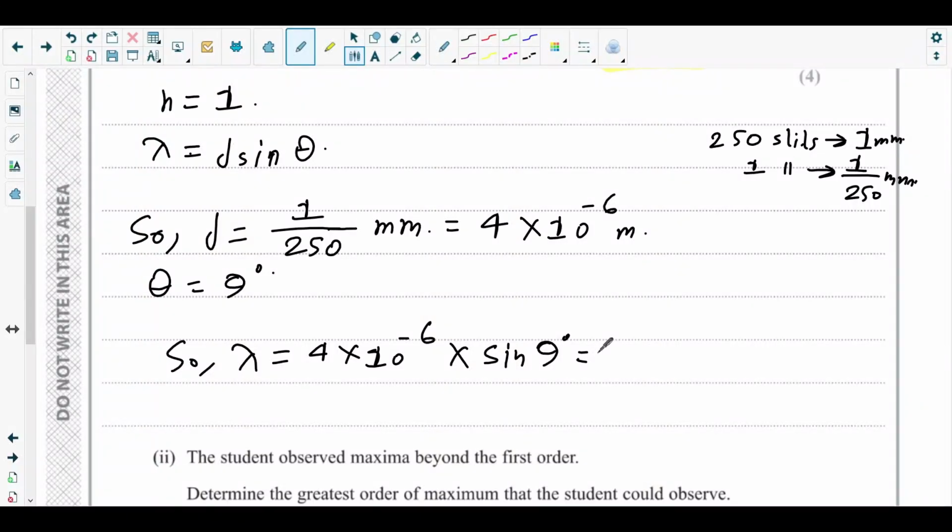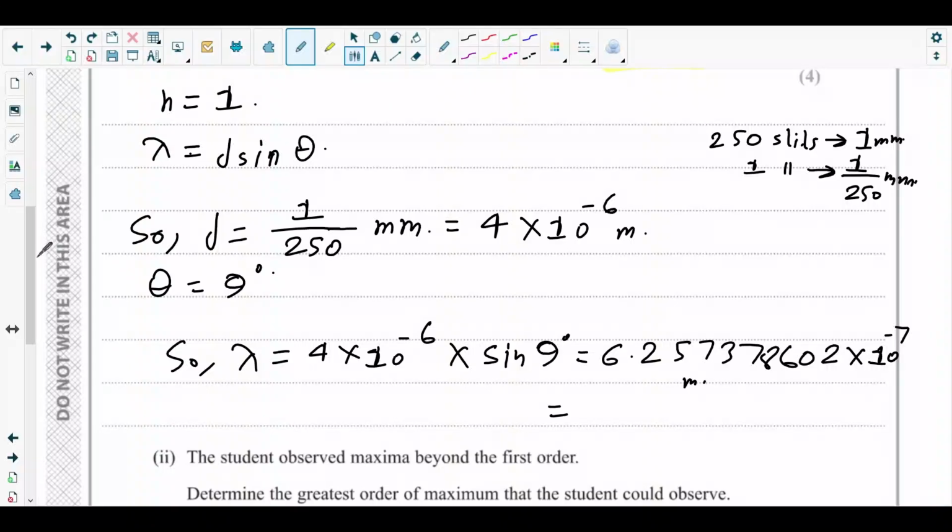So that would give you 4 times 10 inverse 6 times sine 9. It is basically 6.257378602 times 10 inverse 7 meter.